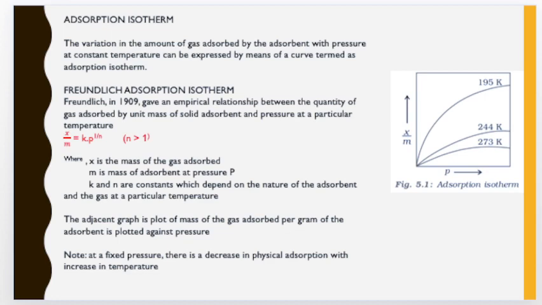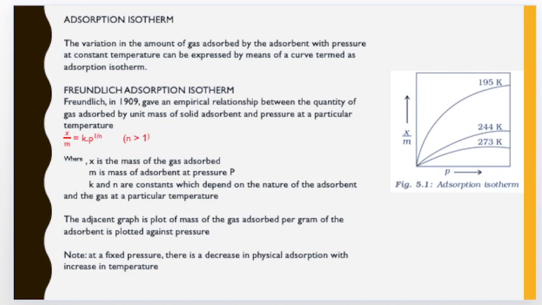This empirical relationship given by Freundlich can be expressed as x by m is equal to k into p to the power of 1 by n, where n will always be greater than 1.